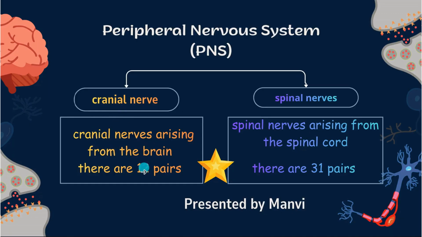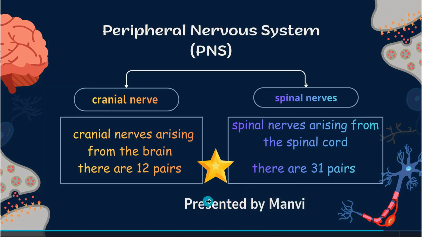They are known as cranial nerves, and there are 12 pairs inside a full body. Spinal nerves, as the name suggests, arise from the spinal cord, and there are 31 pairs. As the spinal cord is long, there are 31 pairs of spinal nerves. And cranial nerves, there are 12 pairs.